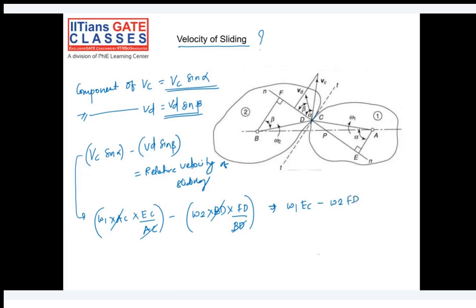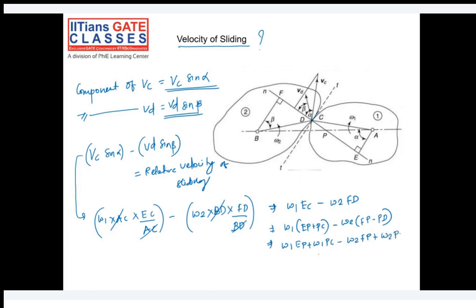So EC can be written as EP plus PC. Omega 1 times EP plus PC minus omega 2 times FP plus PD, let's call that point D. Now, if you further simplify it, omega 1 EP plus omega 1 PC minus omega 2 FP minus omega 2 PD.